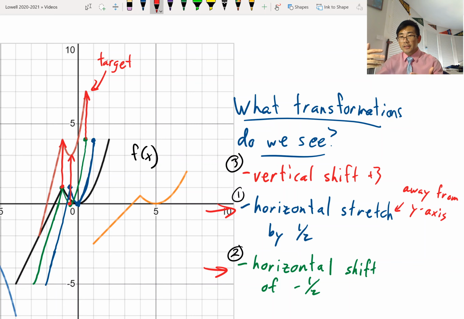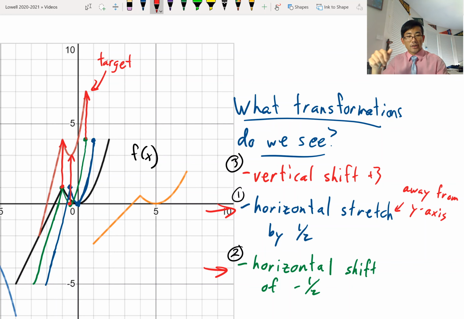Which one is correct? That really depends on what the starting function is compared to the target function. So I can't really tell you to always do stretching first and then shifting, because it depends. Okay, but what is neat is that if you have a vertical shift and a horizontal stretch, that order doesn't matter because they don't affect each other.